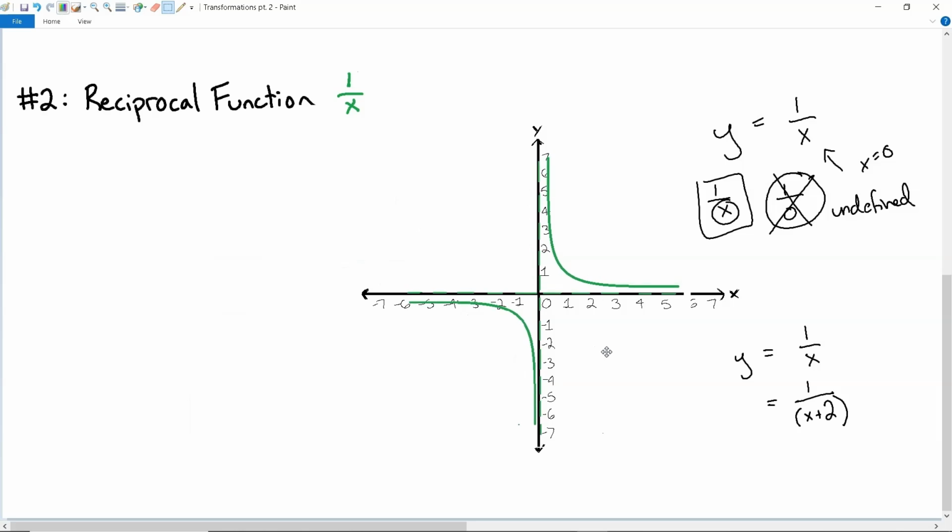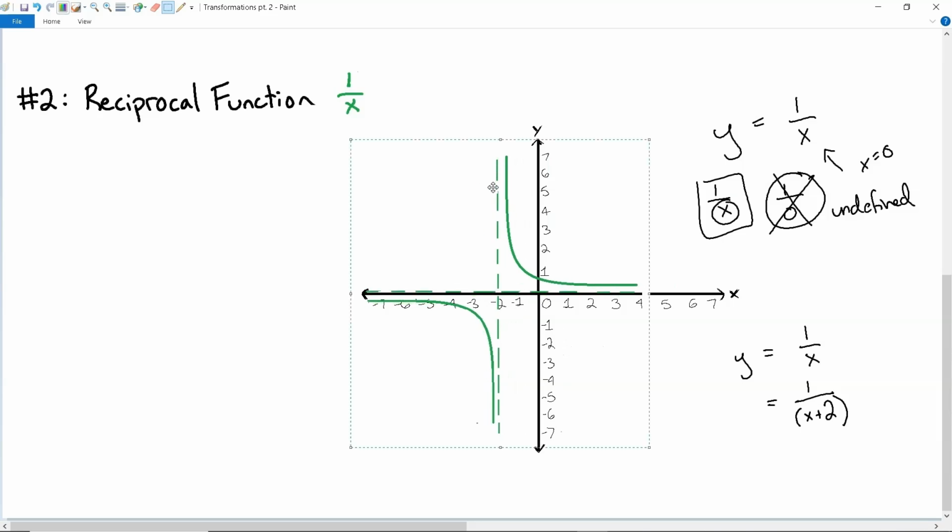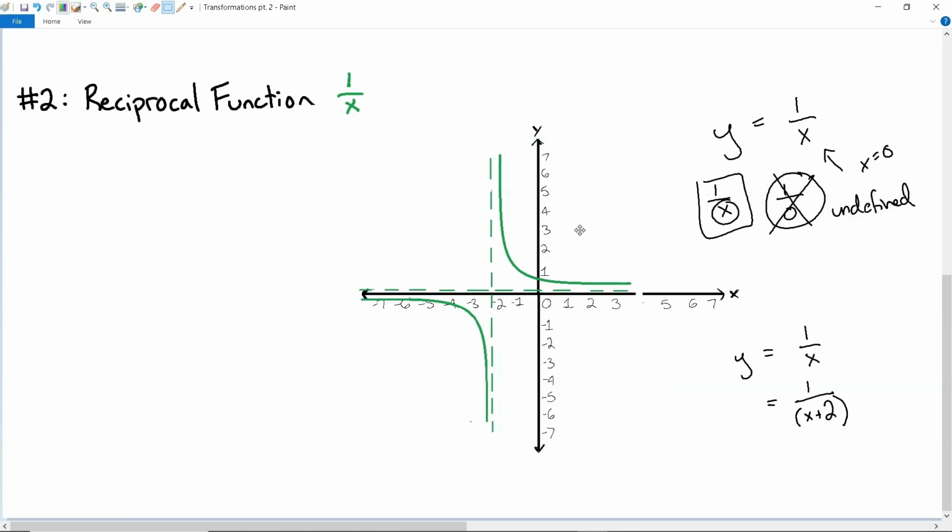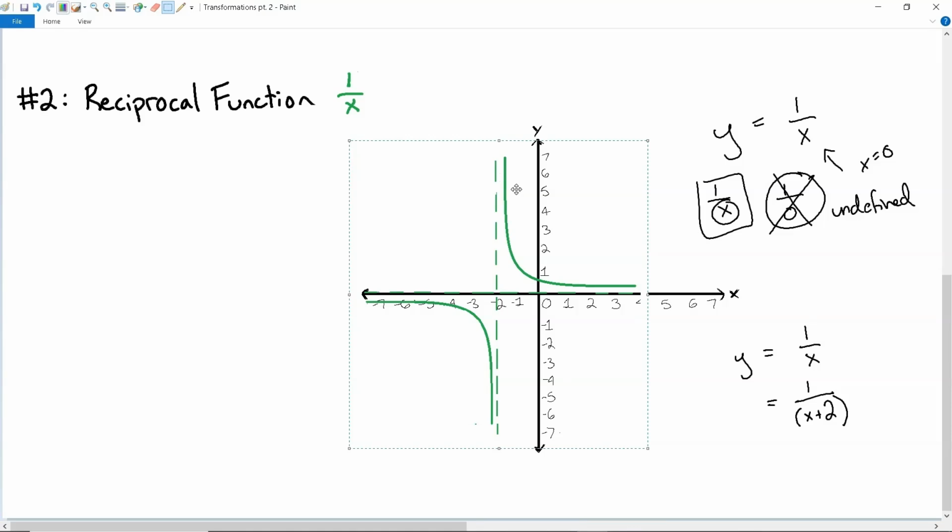We are going to move 2 units to the left because we have a positive c value. And what you'll notice is my vertical asymptote is following the horizontal shift. So I can tell where my vertical asymptote is going to be on my reciprocal function based on my c value.